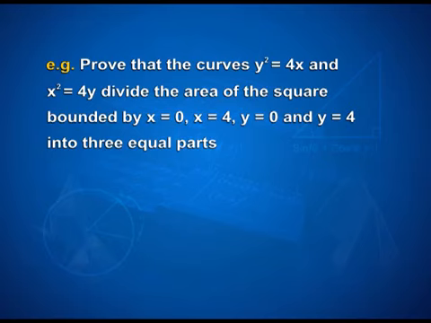Prove that the curves y² = 4x and x² = 4y divide the area of the square bounded by x = 0, x = 4, y = 0 and y = 4 into 3 equal parts.